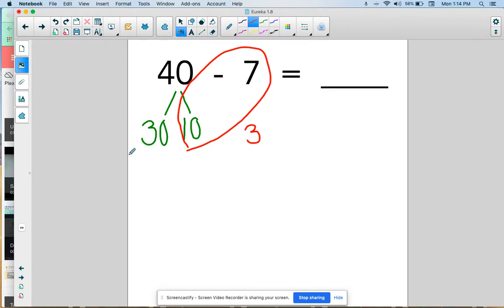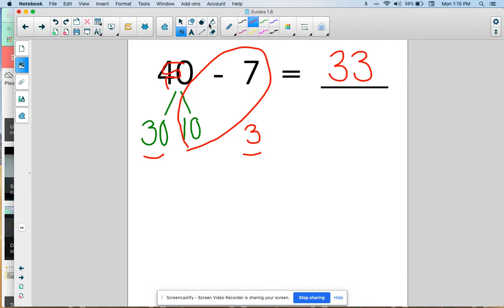And now I'm left with 2 parts because remember, this 40 was broken apart. So now I'm left with 30 and 3. I don't have to subtract these because 10 was over here and I took away 7, so there's 3 left. So if I put 30 and 3 together, I get 33.